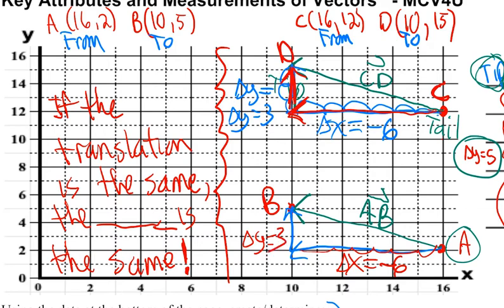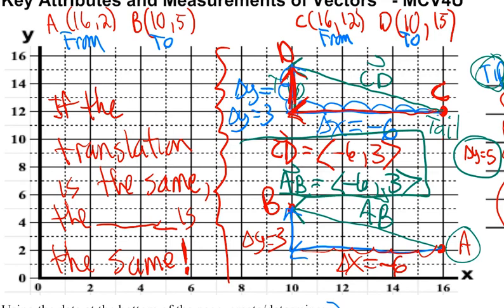So what do we notice about CD and AB? Let's write it in. CD vector equals delta x, delta y, right? That's the way we name a vector. It's -6, 3. But if we look here, AB is also -6, 3. Look at that.